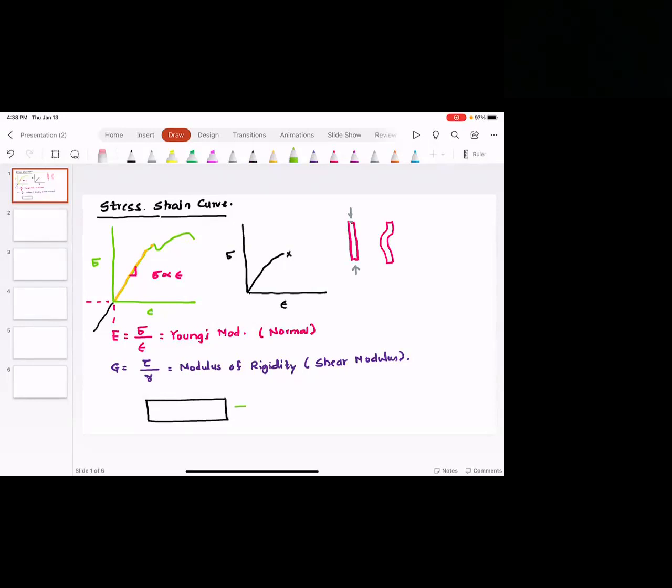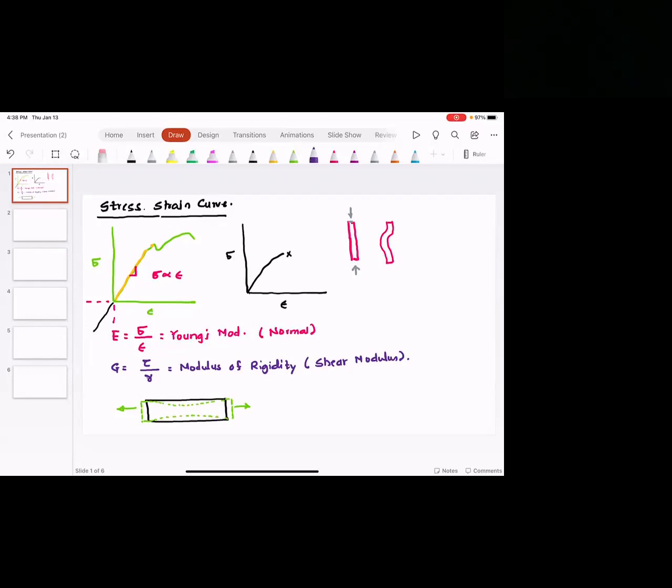So consider a rod that is pulled on either side. Because of this pulling, because of the tensile loading, this rod is going to get stretched. The mass of the material does not change, which means once we pull this rod, volume has to change because the density is constant. What that means is after pulling, there will be change in the lateral dimension and there will be change in the longitudinal dimension.